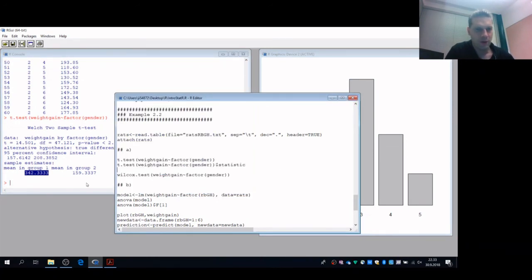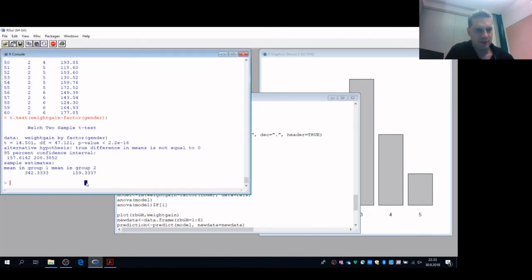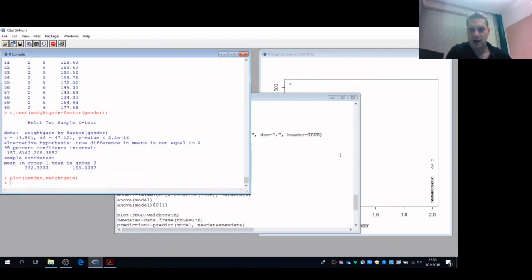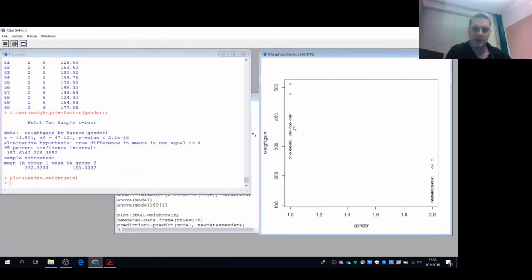Of course, it would always be of interest to try to plot the data. That means in this case, for example, we would plot the data in this way. It would show us how the observations in the dataset fall in these categories of gender, gender being equal to 1 and equal to 2.